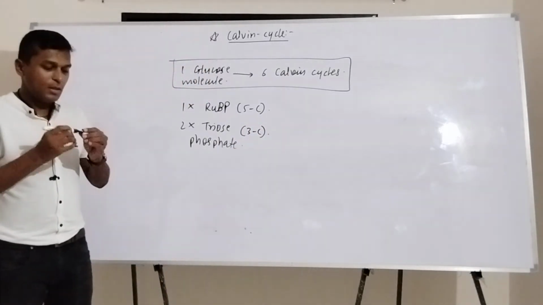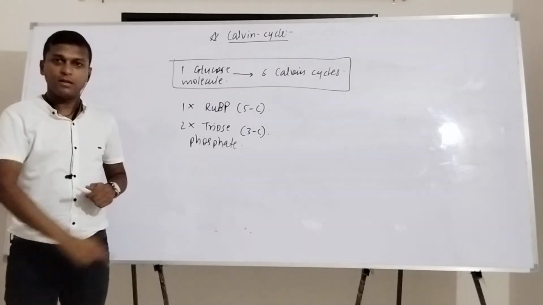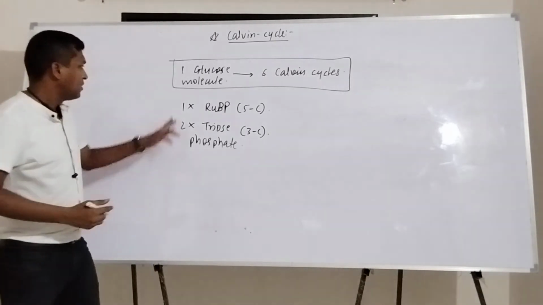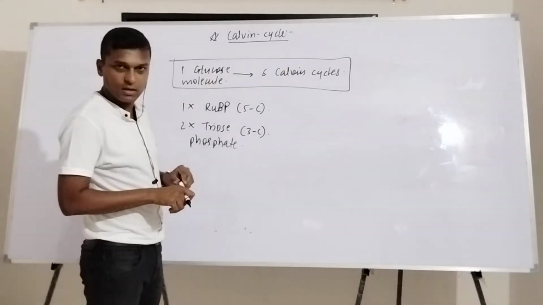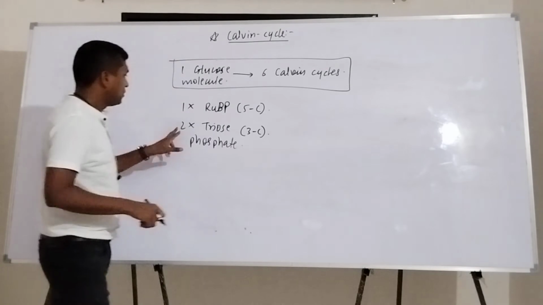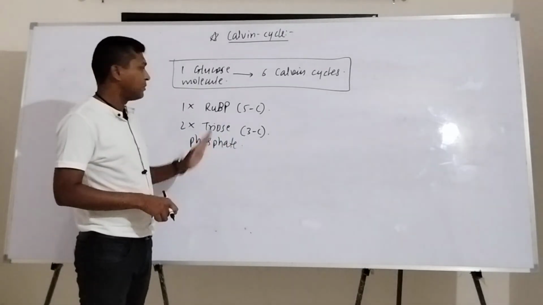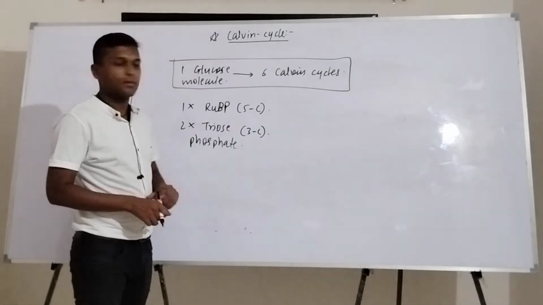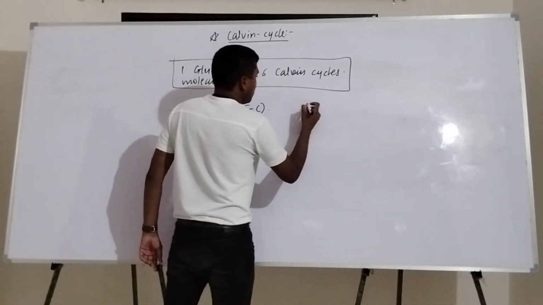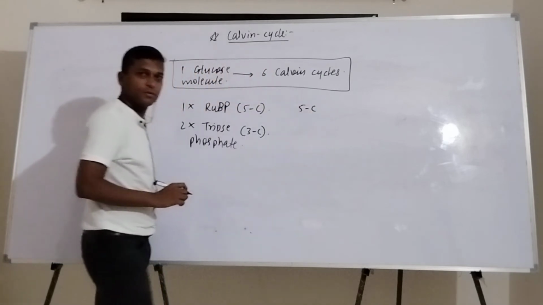Okay. Now let's think for a second. In 1 Calvin cycle, one RUBP will be used, correct? That is how 5 carbon will be there. 2 triose phosphate molecules are there, a 3 carbon containing compound. How many carbons will be here? If one RUBP is used, then 5 carbon will be used.